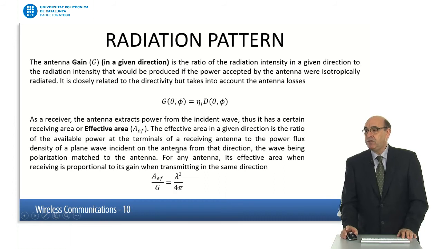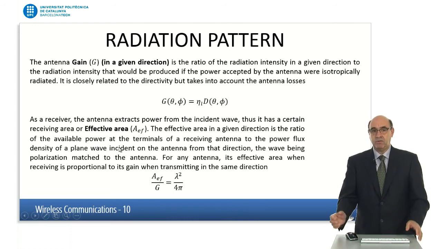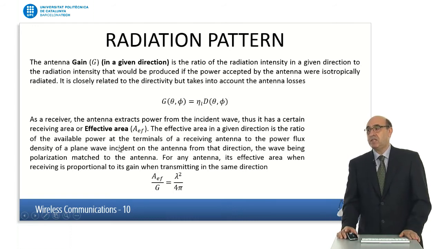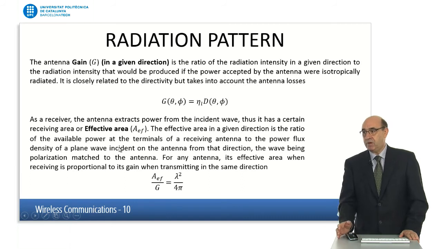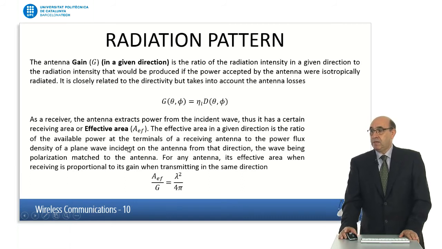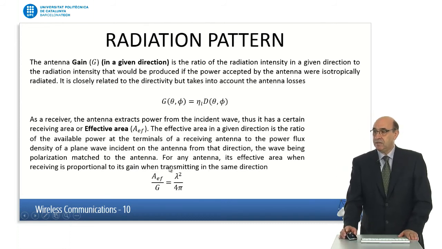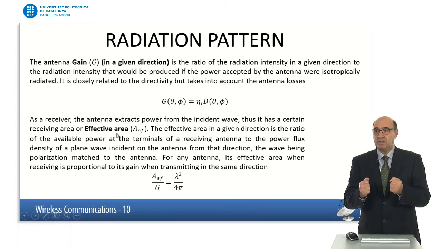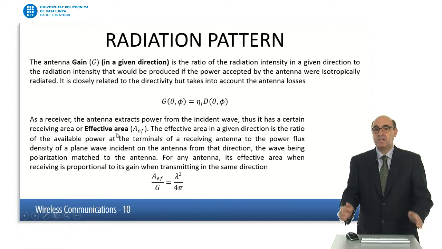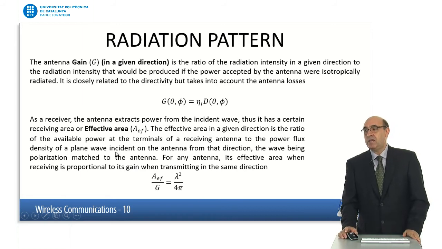It's the ratio of the available power, or the power that you have at the antenna terminals, divided by the power flux density that is arriving to the antenna, which is a parameter related to the wave. And there's a good thing that simplifies a lot our work as engineers, which is that the effective area when the antenna is receiving and the gain when it's transmitting are directly related.